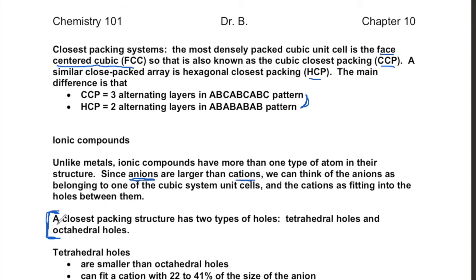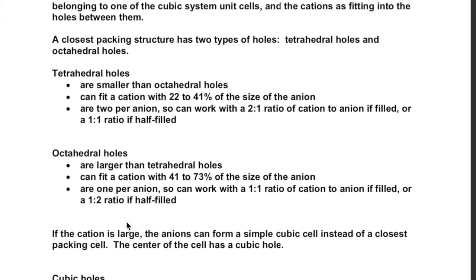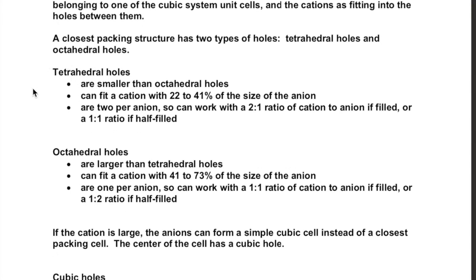Remember that even for our most efficient packing, the cubic closest packing structure, only 74% of the volume is filled. There are some little gaps in between the spheres. So these closest packing structures have tetrahedral holes and octahedral holes.